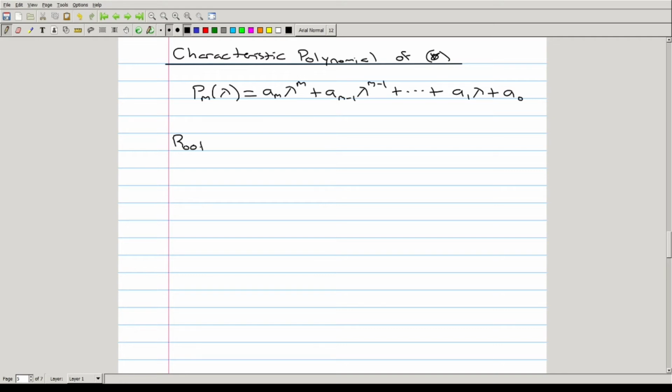The roots of the characteristic polynomial are called eigenvalues, because they're actually the eigenvalues of a specific matrix.